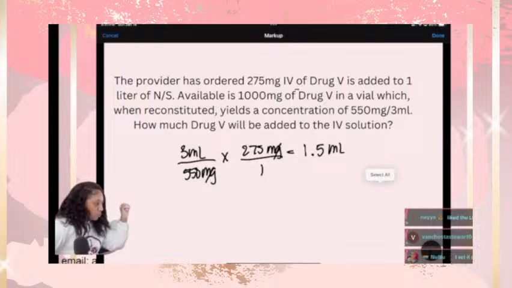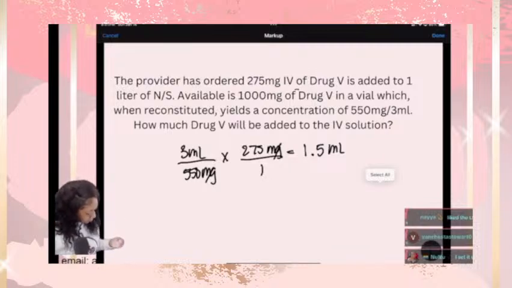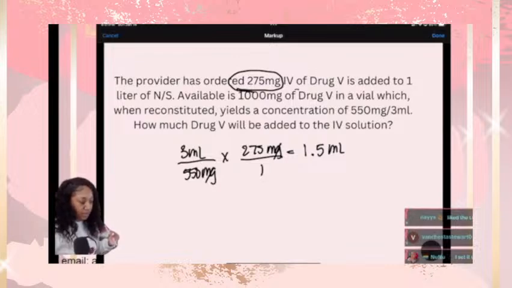How do we know that we were looking for milliliters? So this is what has been ordered, right? When a drug is ordered, it's the strength of the drug. So what we need to do is find out how much of the medicine in the vial is going to equal 275 milligrams.